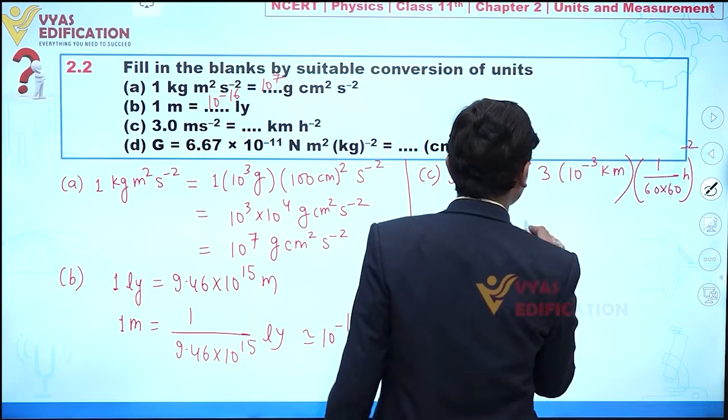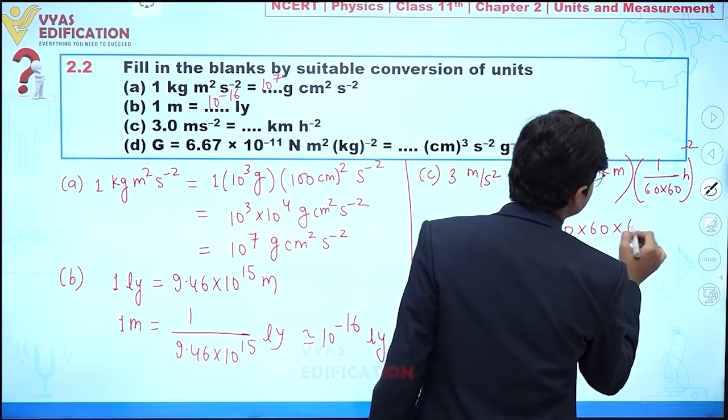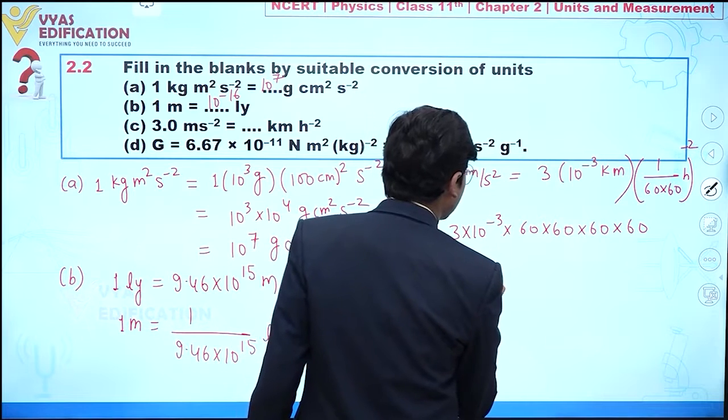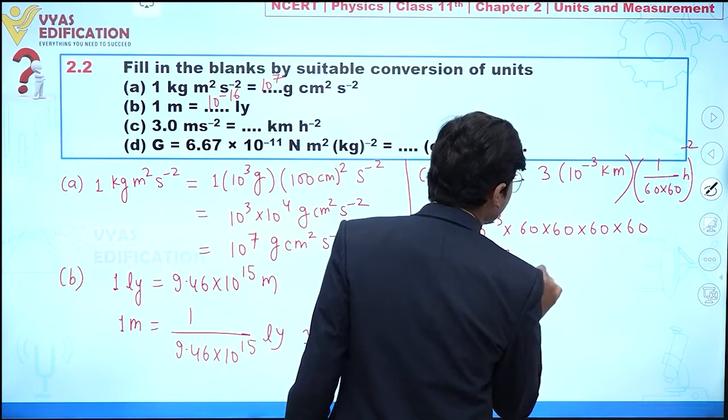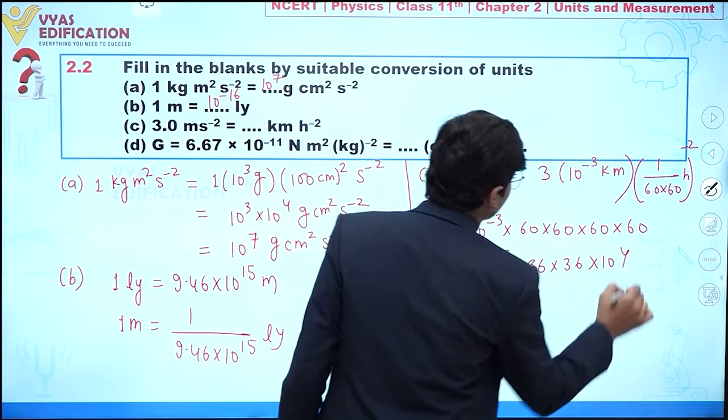So this is 60 into 60 into 60 into 60. So from here this is 3 into 10 to the power minus 3 into 36 into 36 into 10 to the power 4.